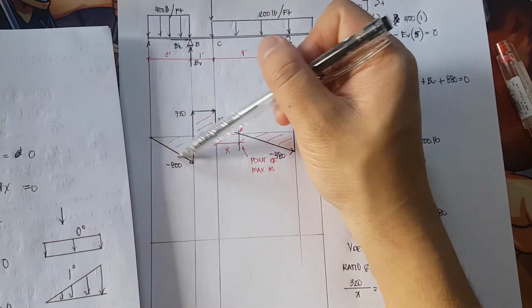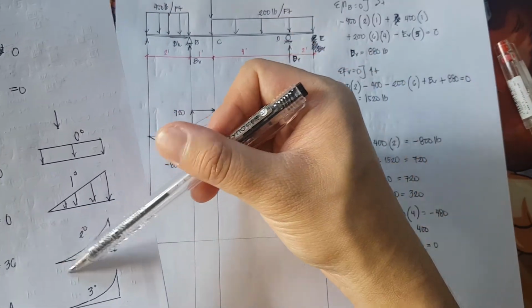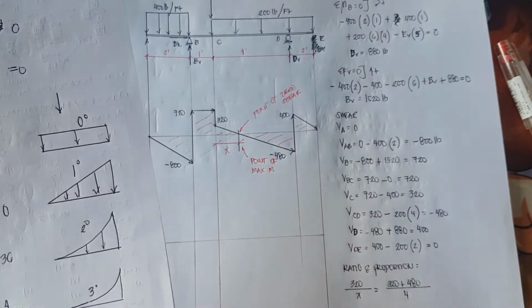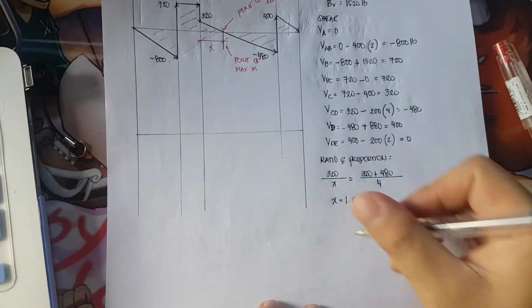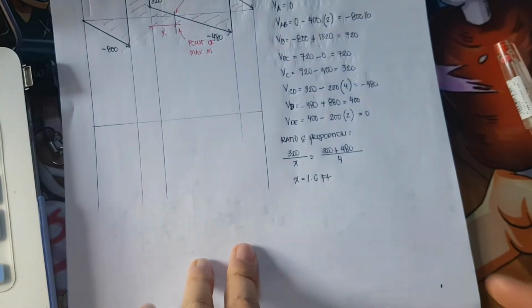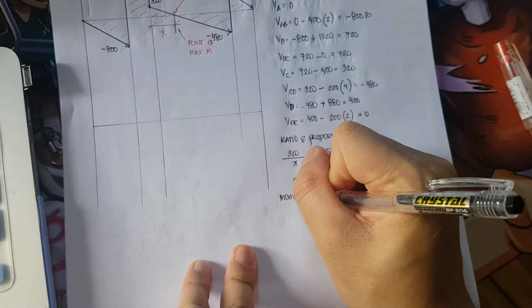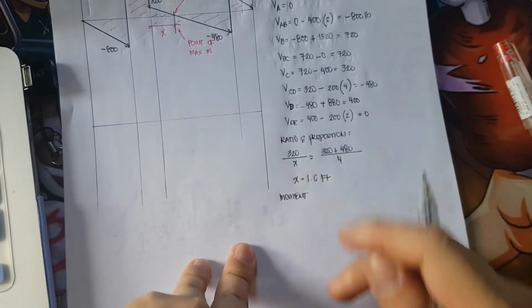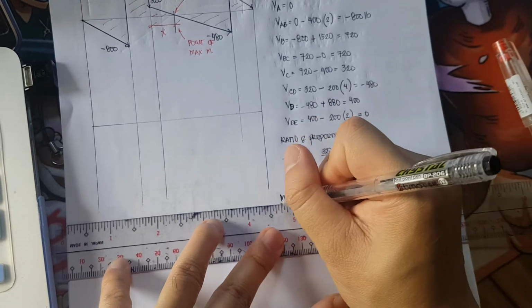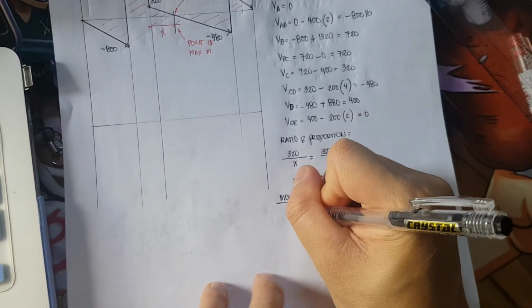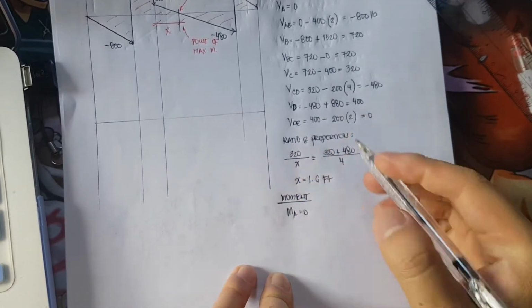Okay, so here we have a first degree curve, therefore for the moment diagram it would be a second degree curve. So for the moment, moment at A is equivalent to 0.